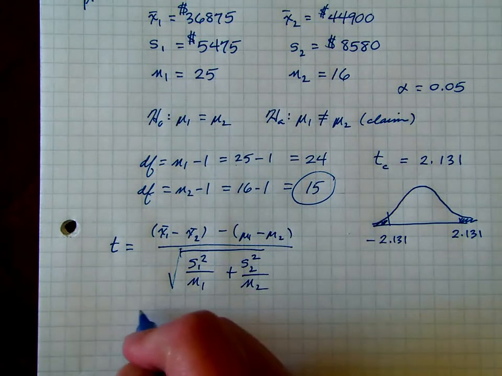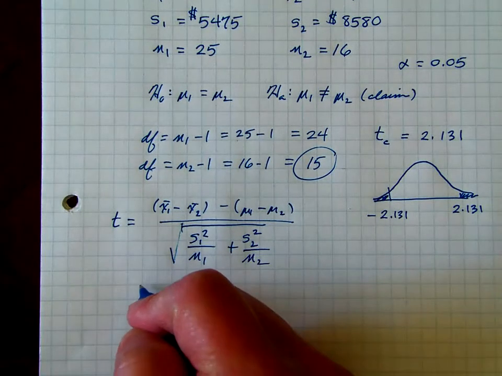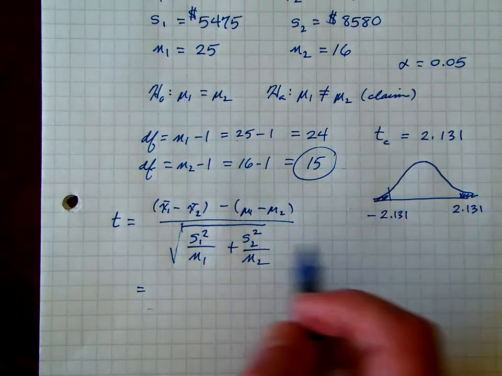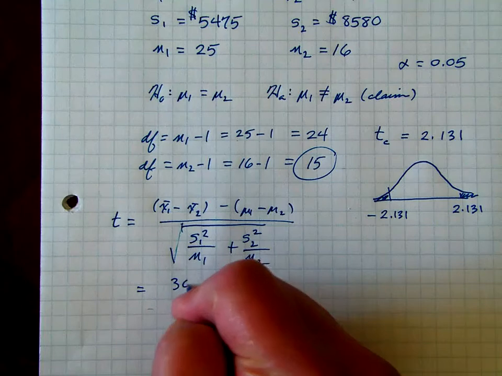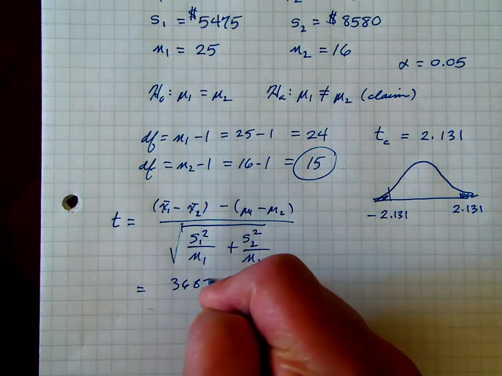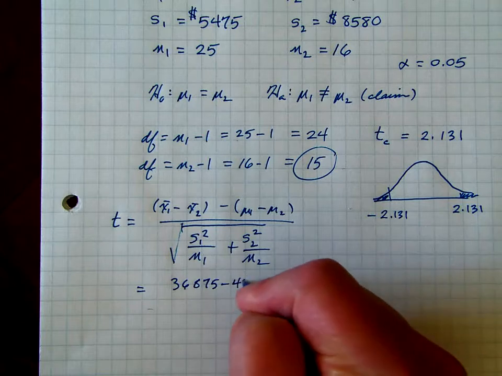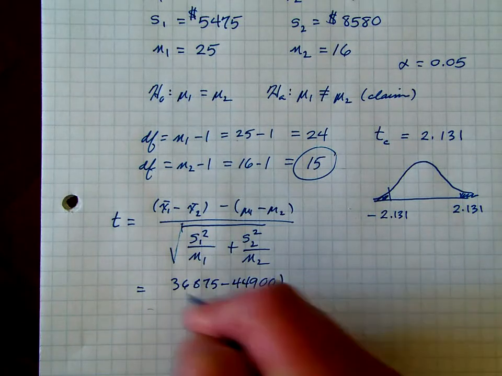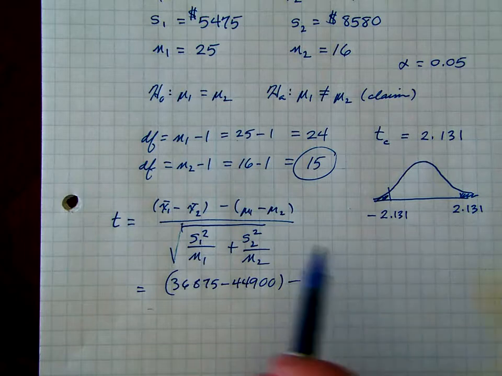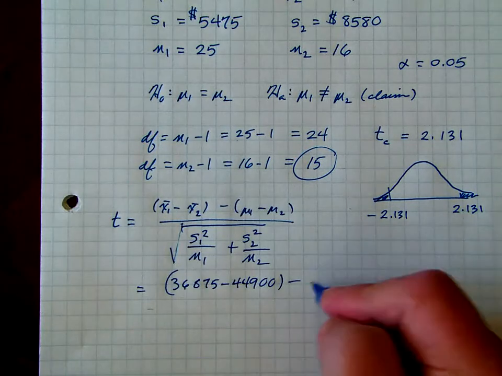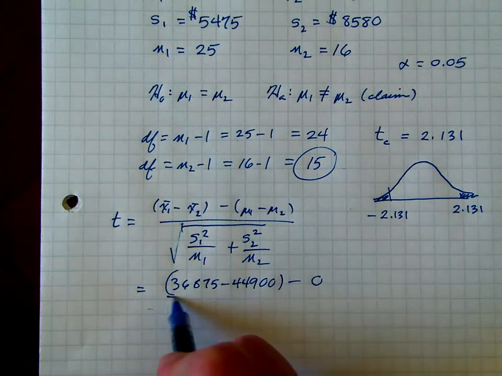So let's plug all of this in. Here we have 36875 minus 44900 minus, well, according to the null hypothesis, these are the same, so that's just a big fat 0.